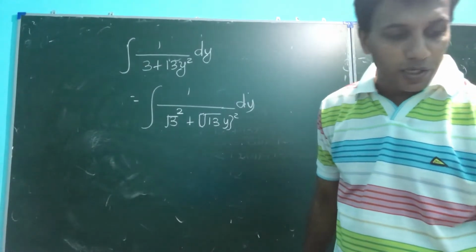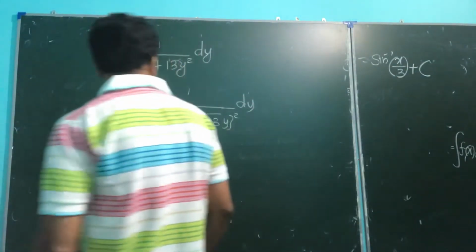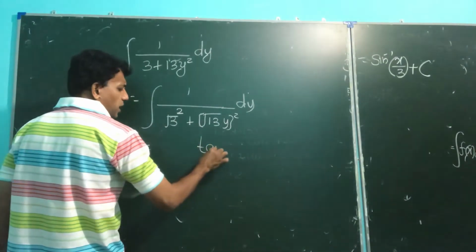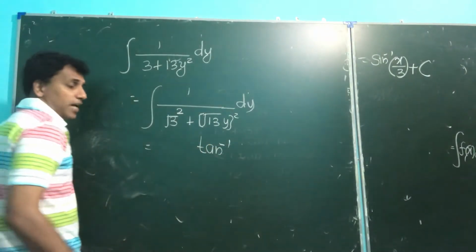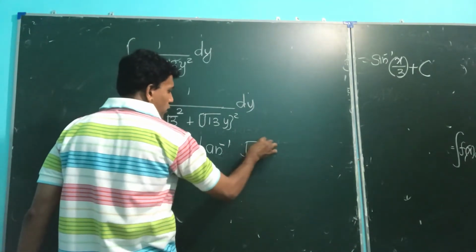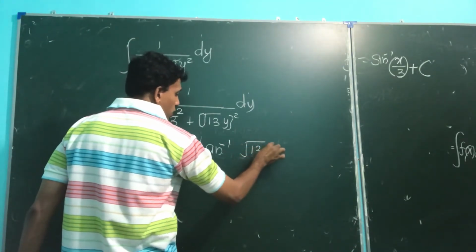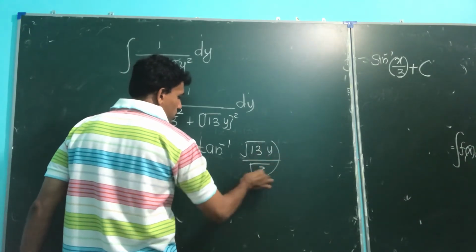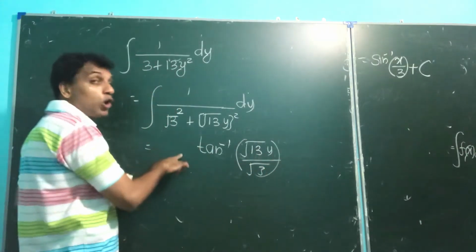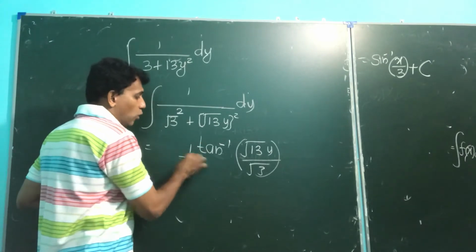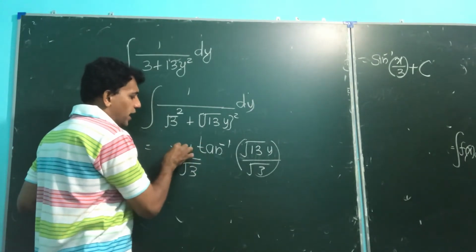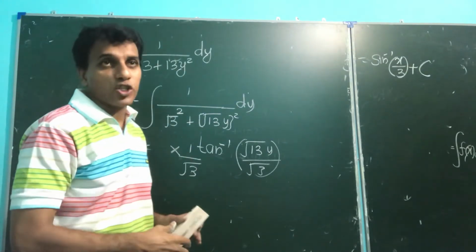Therefore the answer is tan inverse x over a, here y over root 3, tan inverse x over a, and 1 over a in front, 1 over root 3. And not only that, there's an additional differential coefficient inside.